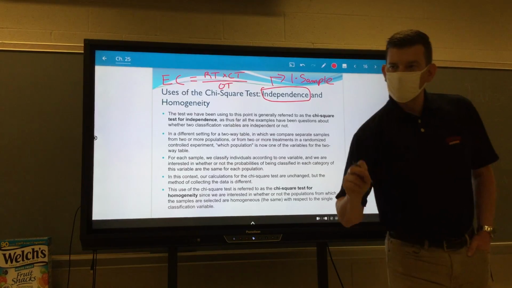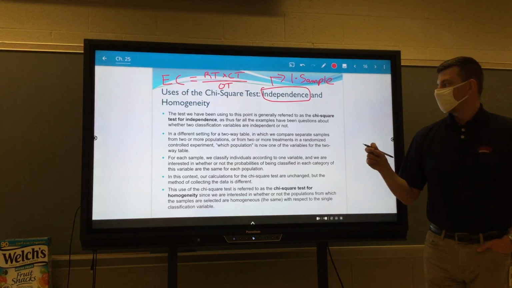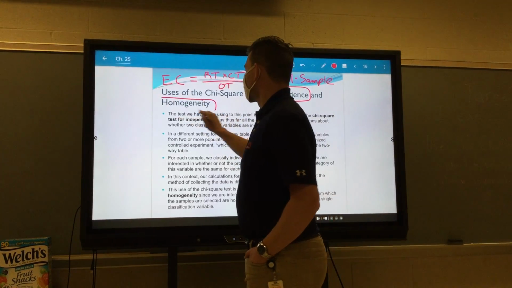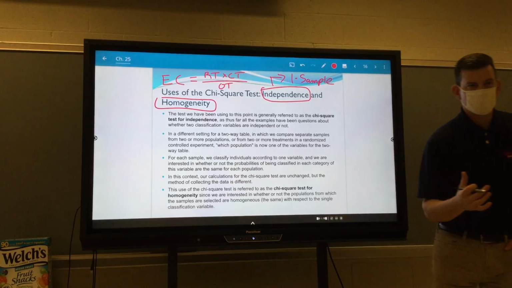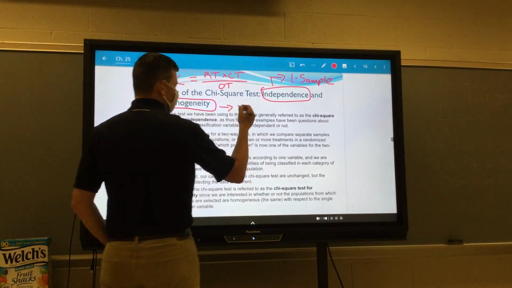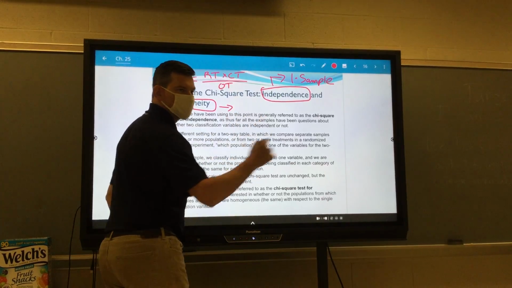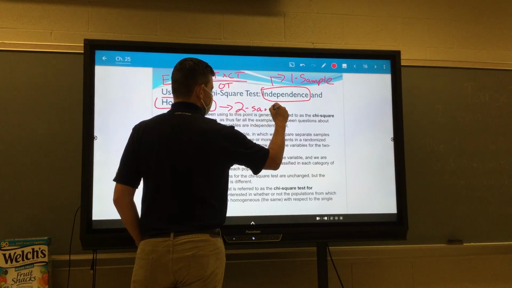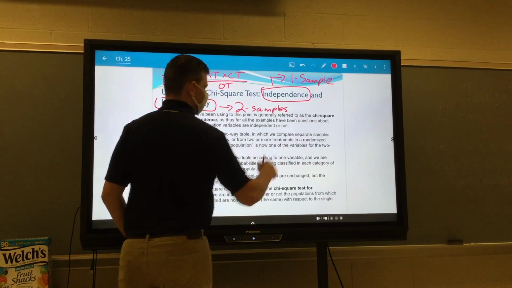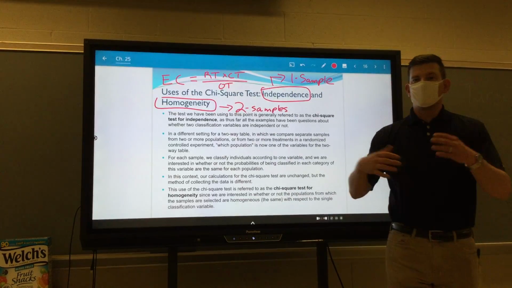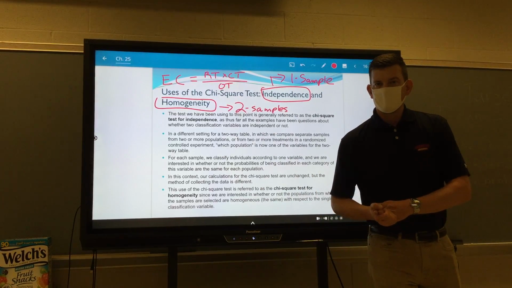The other test that we're going to use today is called a chi-square test for homogeneity. Now, with this, you're comparing two different samples from two different populations. So you're no longer looking to see if they're independent of one another.